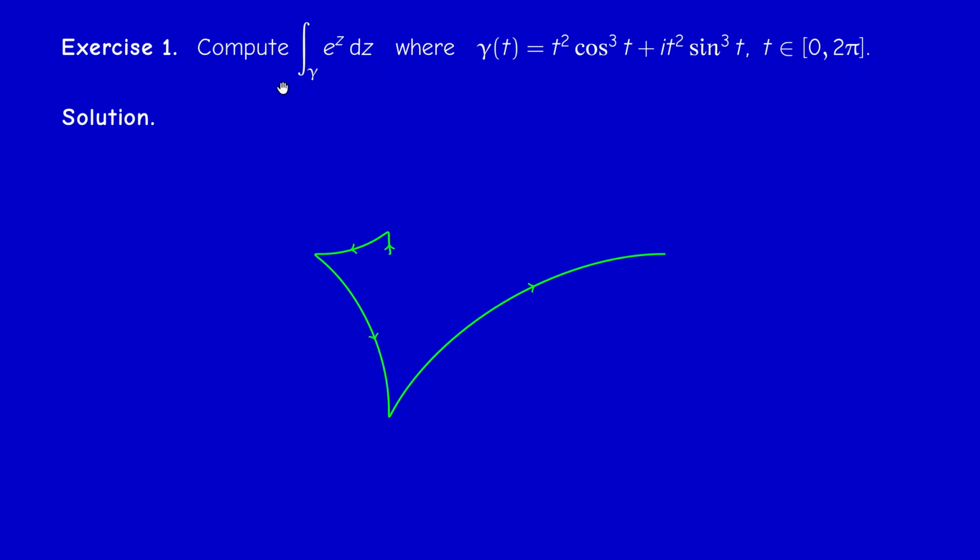Okay, if you try to do a direct computation, you will get a horrible integral, and it's not computable actually. Because unlike a previous one, we get the e^t squared cosine cubed, and this is not computable in the usual way.